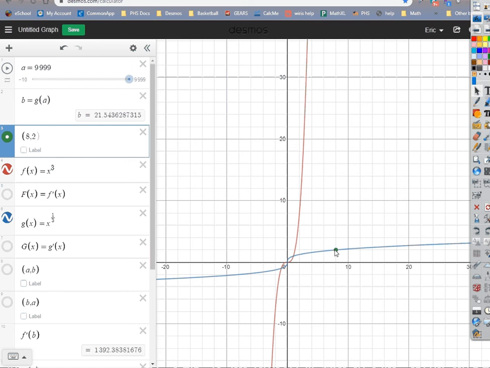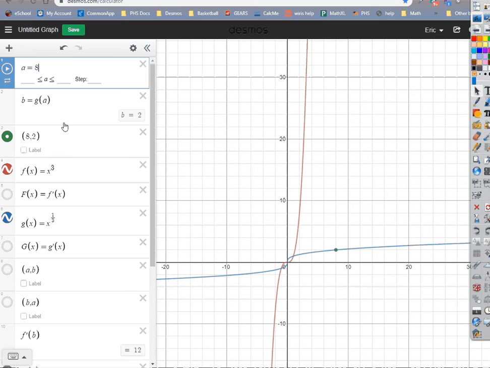Okay, what's the corresponding point on the original function? 2, 8. Okay. So I'm going to let a equal 8, and b is going to be g of 8, right?